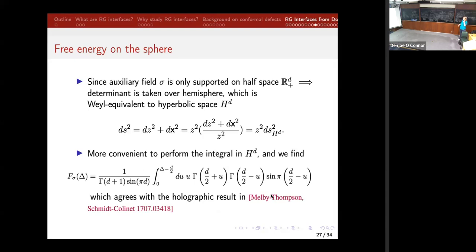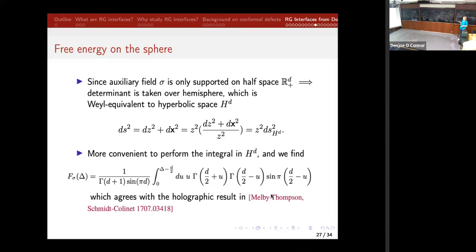So we were starting in flat space actually. We start with flat space and can rewrite the coordinates in terms of a cylinder, and we see that it's just related by this factor of z to hyperbolic space H^D, which is like the Euclidean version of AdS.